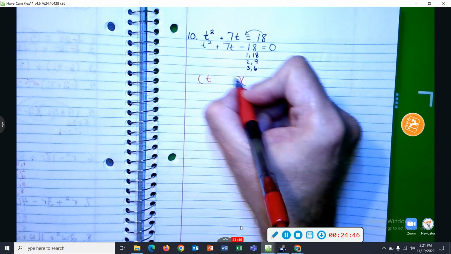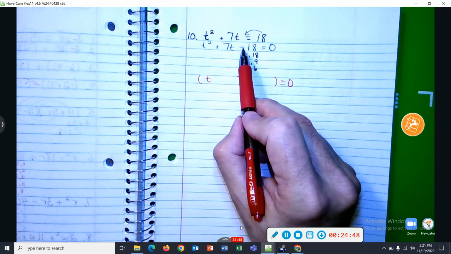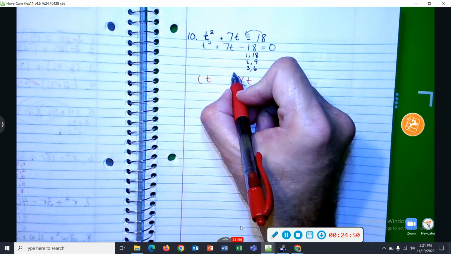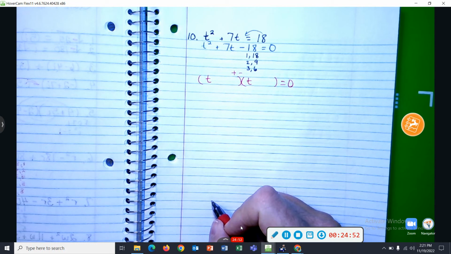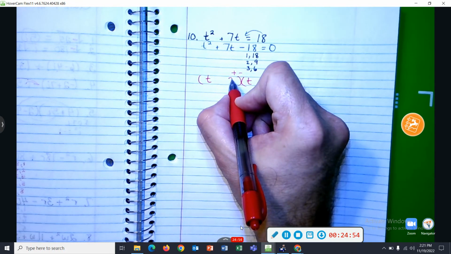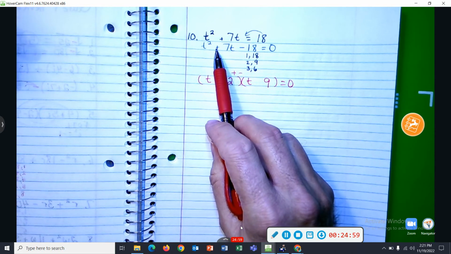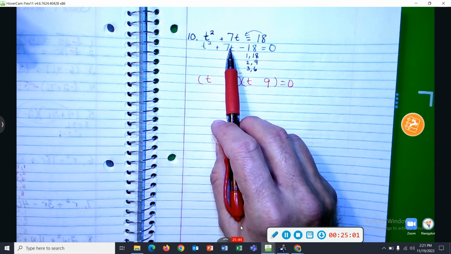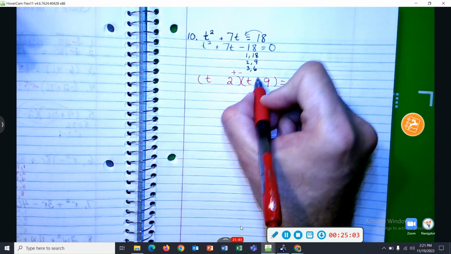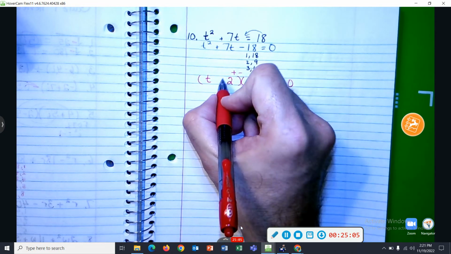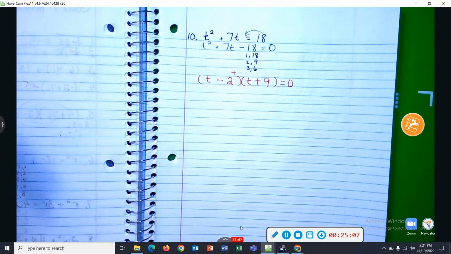So we have a t and a t. Second sign is minus, so 1 plus and 1 minus. I'm going to use the 2 and 9. In order to get a positive 7, that would mean that the 9 needs to be positive and the 2 negative.